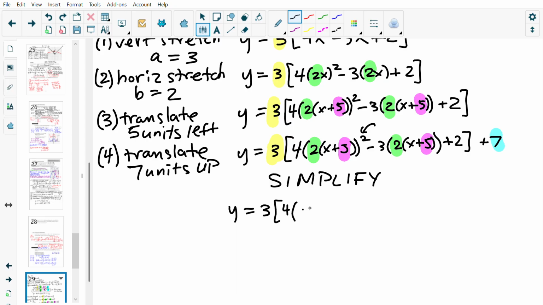I'm not going to skip steps here. 3 times 4 times 4x plus 5 squared minus 6 times x plus 5 plus 2 plus 7.